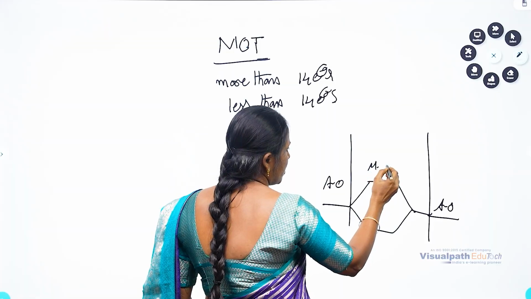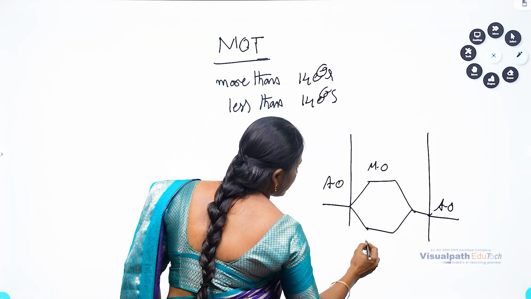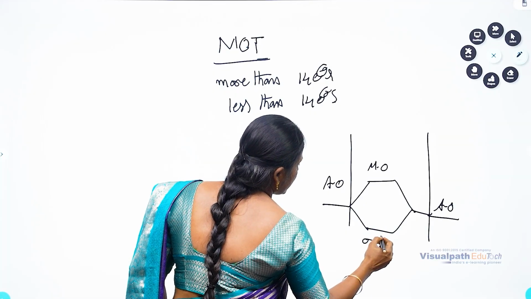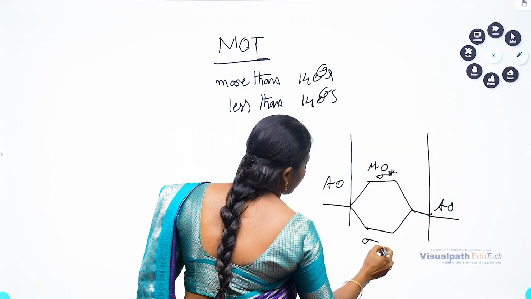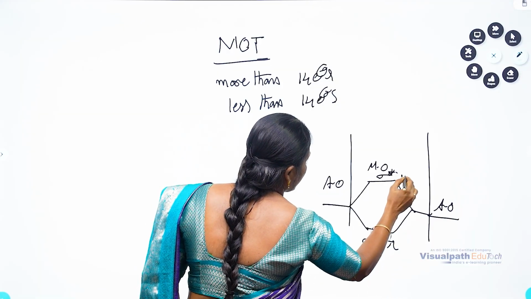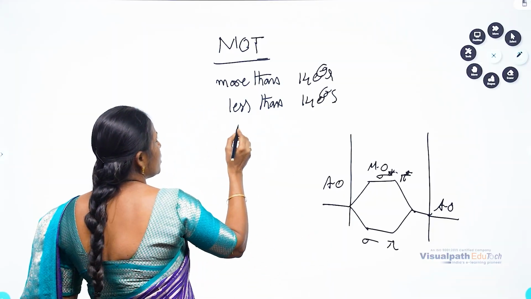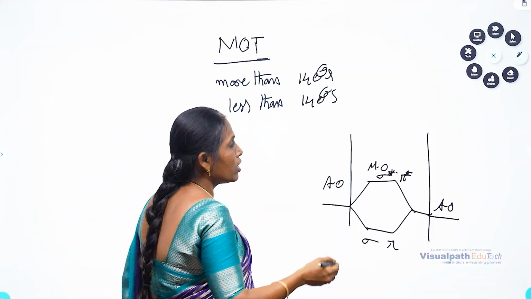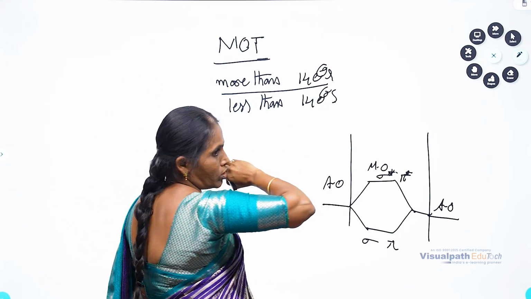In the middle are the molecular orbitals, sigma, sigma star, otherwise pi, pi star. So now we see the electronic configuration. First we see more than 14 electrons.